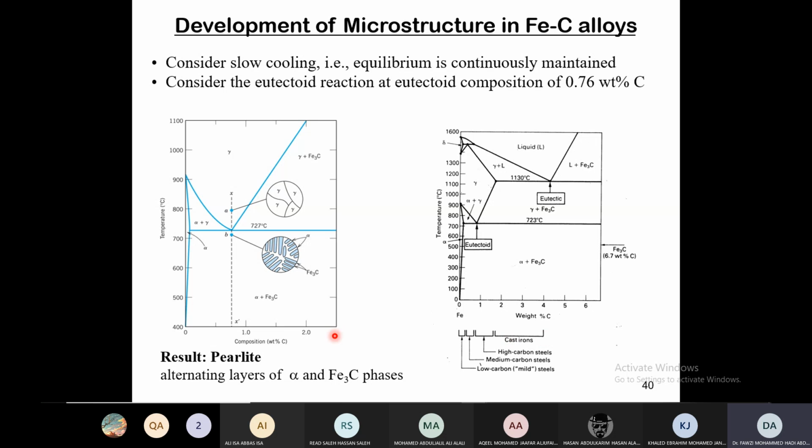cast irons basically. The amount of perlite can be increased by increasing the carbon content. Why is that? Actually, the ferrite phase has very low carbon solubility.